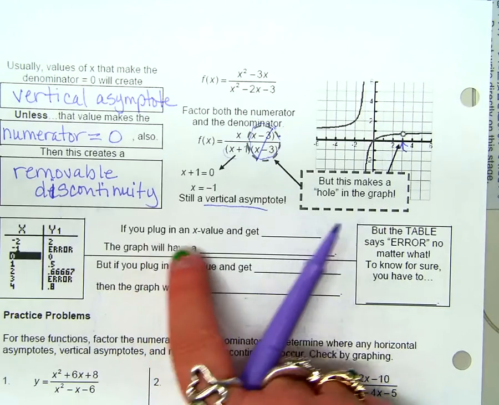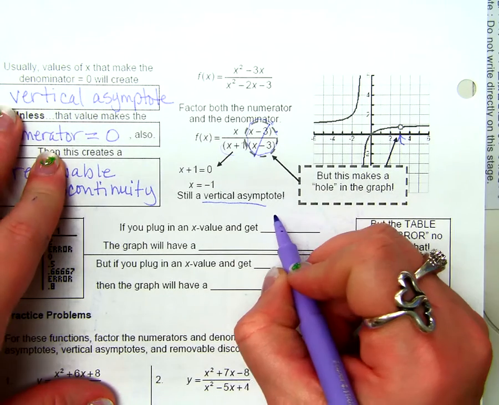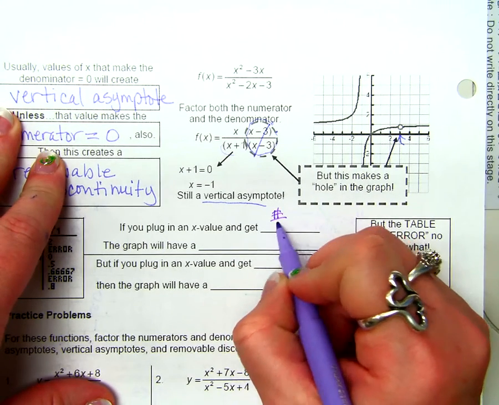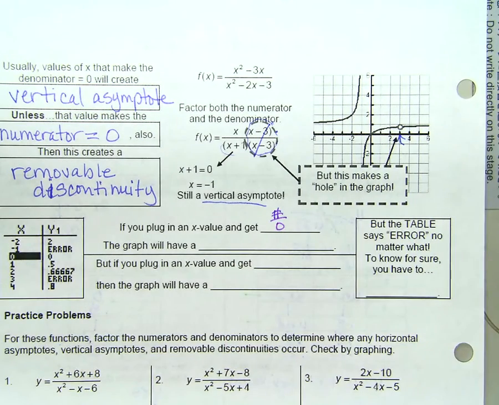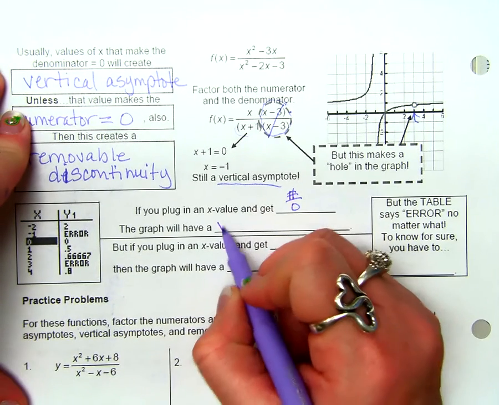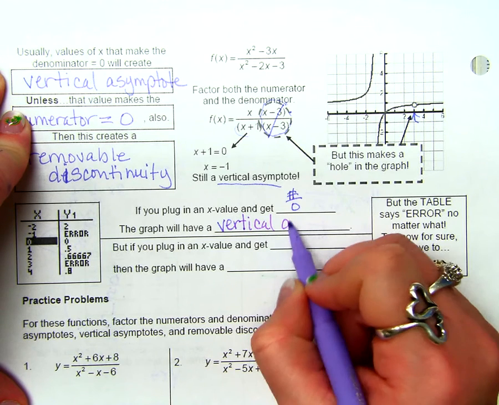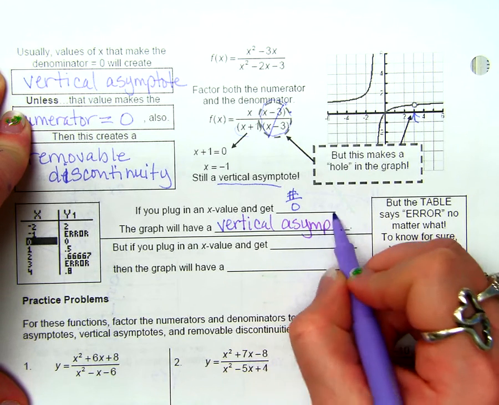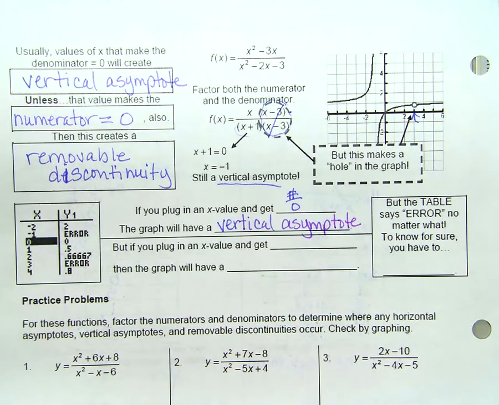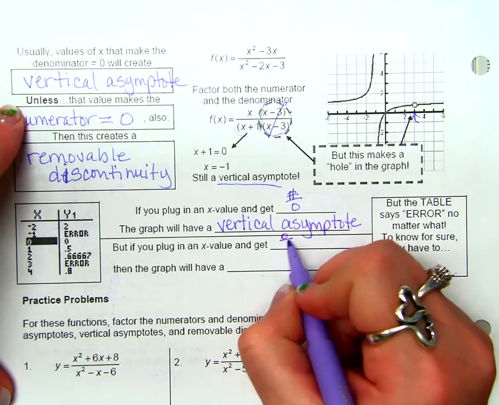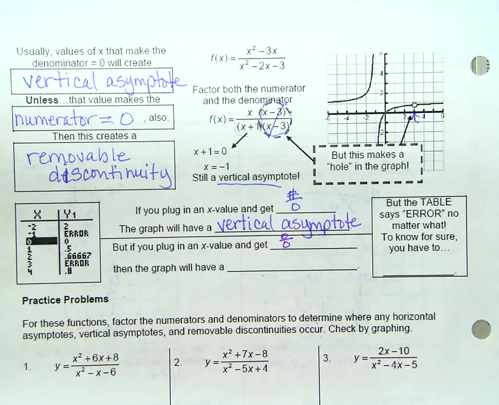So if you plug in an x value and get something that looks like a number over 0, any number, 5 over 0, 12 over 0, negative 3 over 0, that's going to give you a vertical asymptote. But if you plug in an x value and get 0 over 0, what do you got?